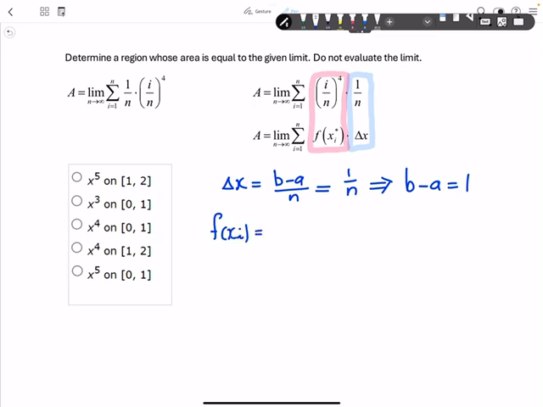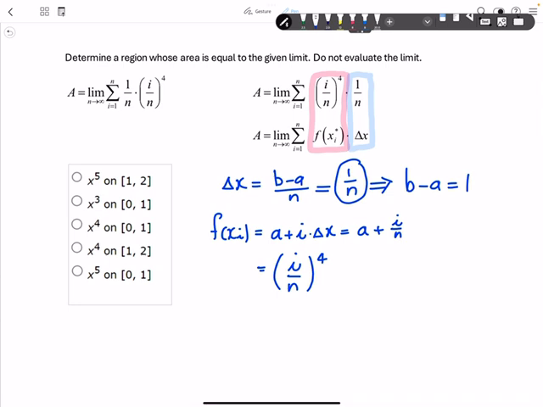In this problem, again, we know that x sub i, by definition, is a plus i times delta x. More specifically, we know that delta x is equal to 1 over n. So that's going to be a plus i over n. Now, if you look at the function that is given over here, we have i over n raised to the power 4.